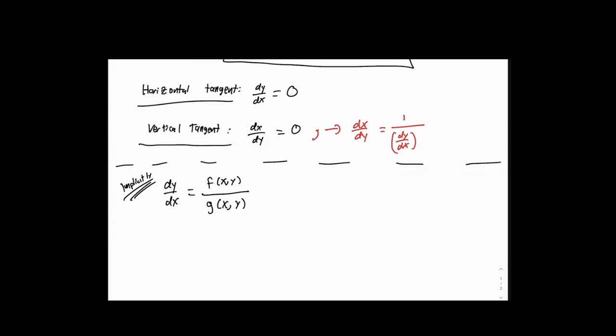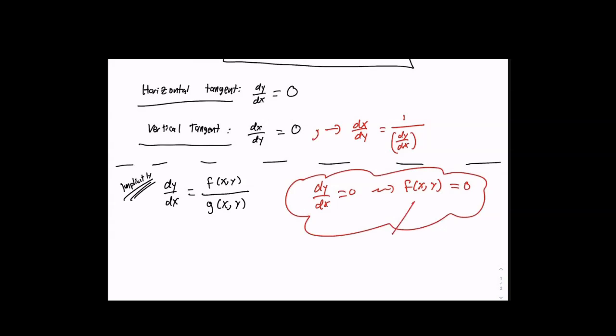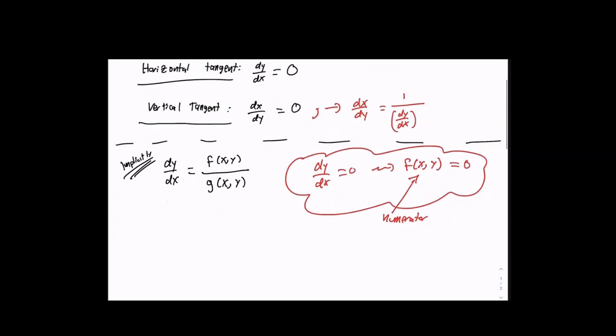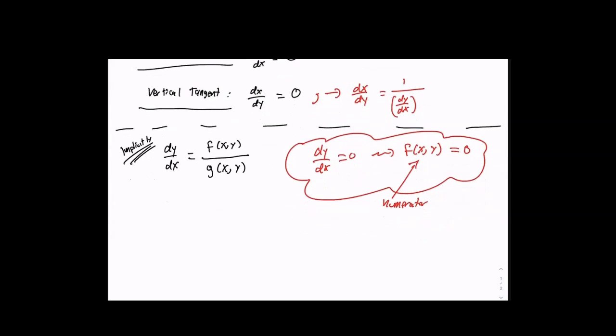So what I mean here is that if we were going to try to set dy/dx equal to 0, it is analogous to saying f, the numerator, f of x,y, is equal to 0. And this is for horizontal tangents.